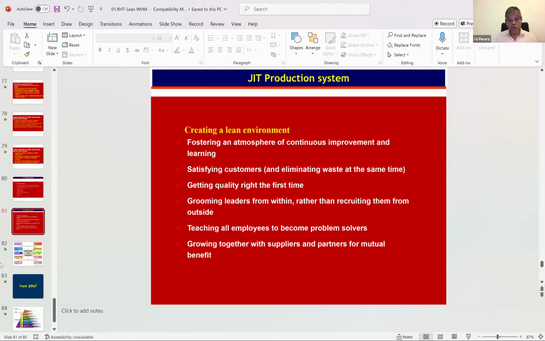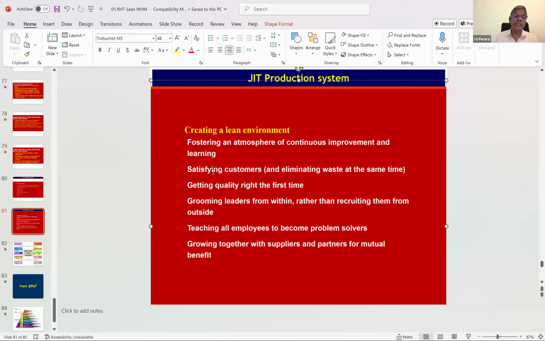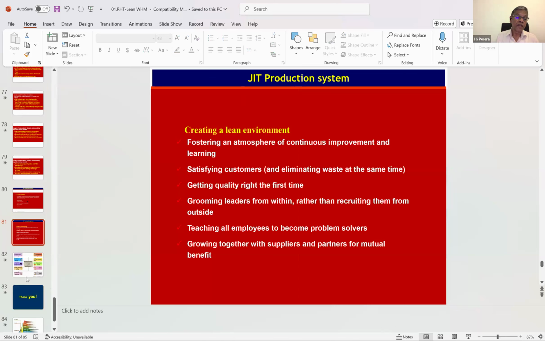If the suppliers don't commit to their lead times and produce the quality that you require, you will never be able to implement just in time and lean. So one of the major barriers will actually be suppliers, and you have to develop supplier bases and their commitment. All these things are very important.